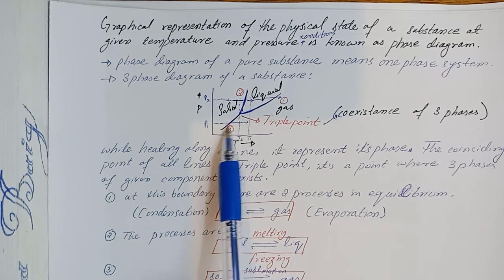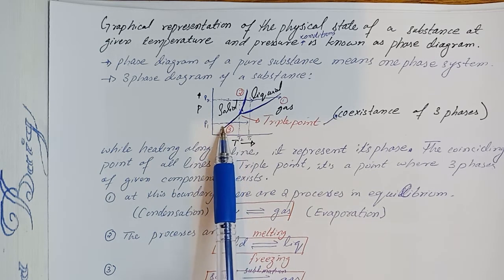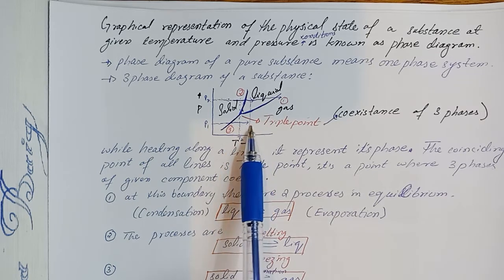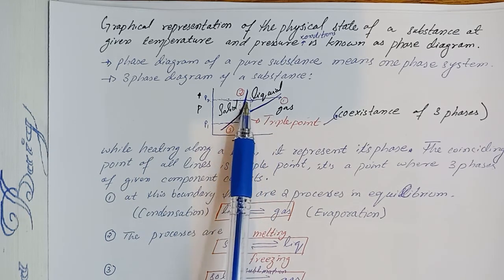So at this pressure the processes are only sublimation and solid deposition. There isn't any liquid phase, which requires higher pressure.